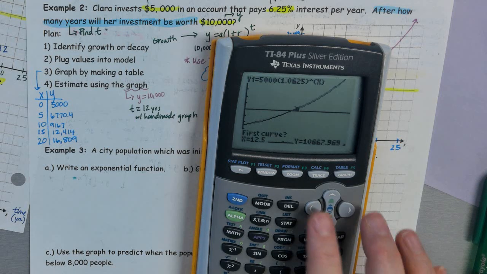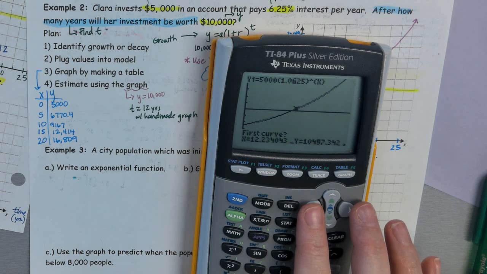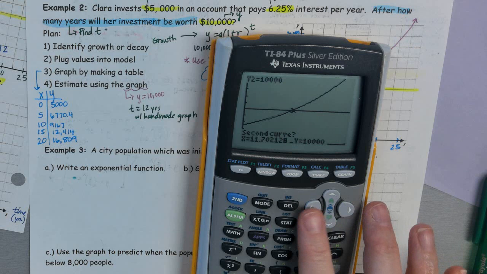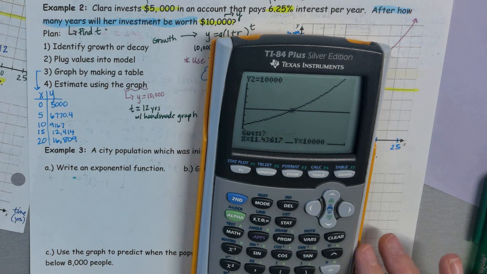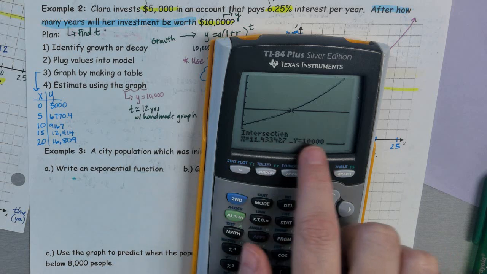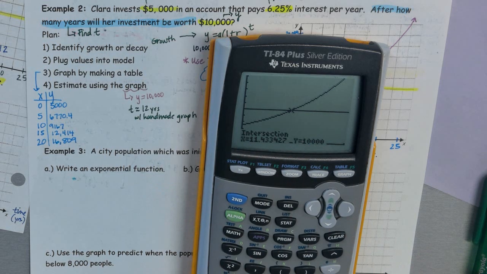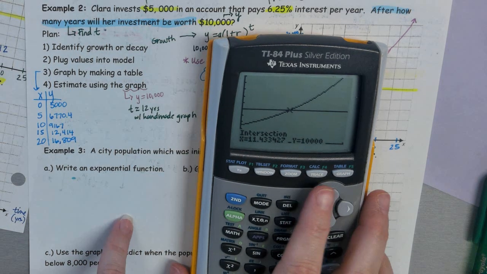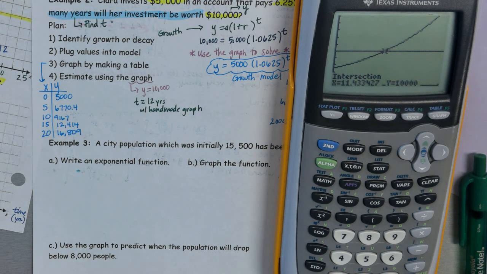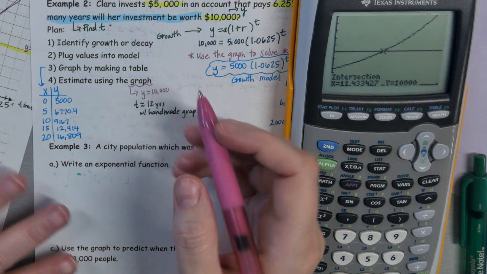And it's going to ask you, where are you on the first curve? So you're just going to try to get as close to the intersection as possible. Same thing on the second curve. And then you're going to guess. And look, it'll tell you the intersection. So what is your x value when y is 10,000? About 11.4.